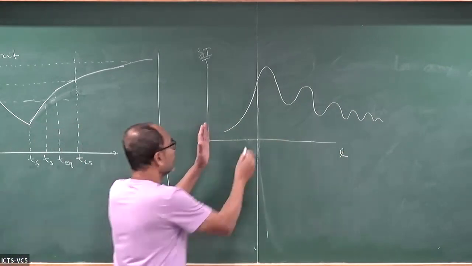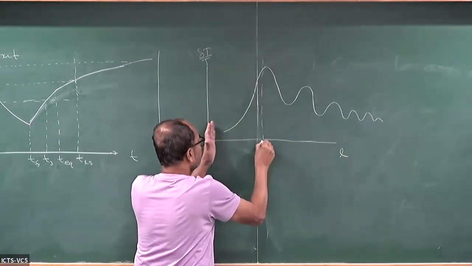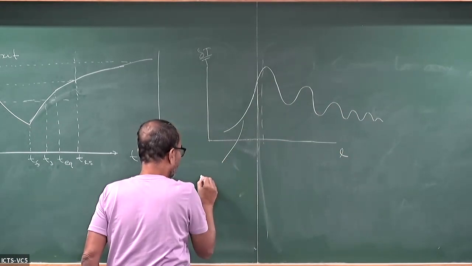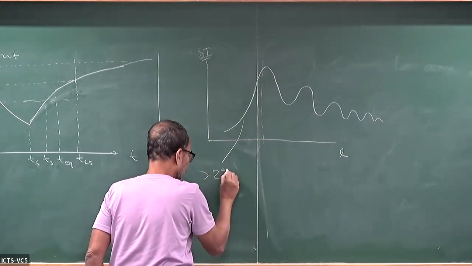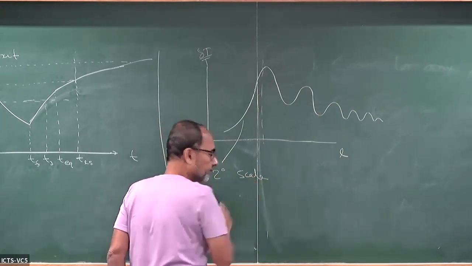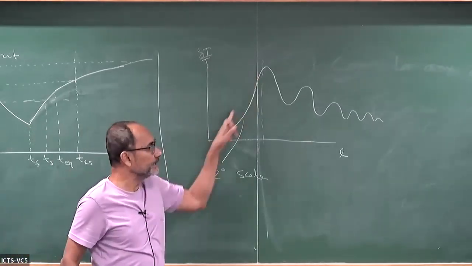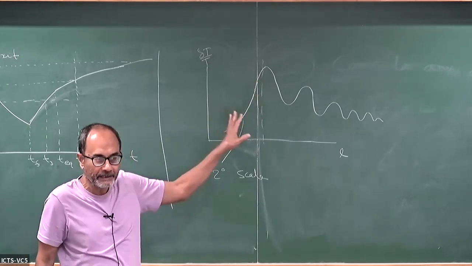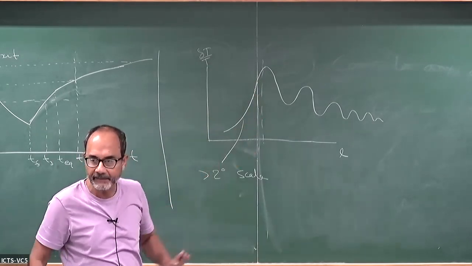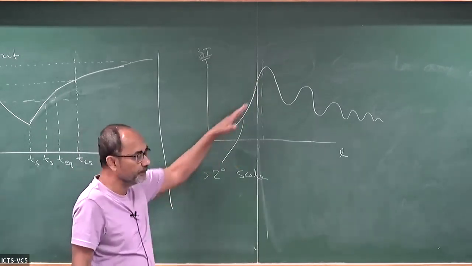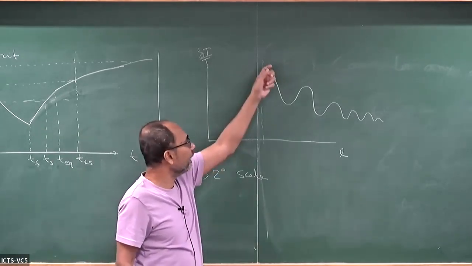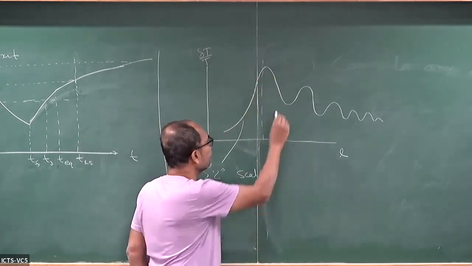So this part is above 2 degrees, greater than the 2 degree scale. This is a direct prediction of inflation. You don't need to know anything else other than inflation and classical physics to predict this part. This part is above 2 degrees.